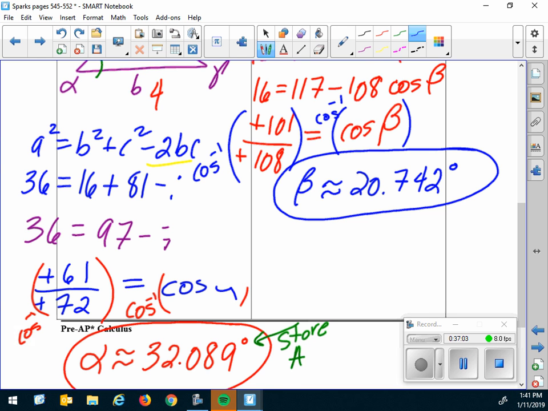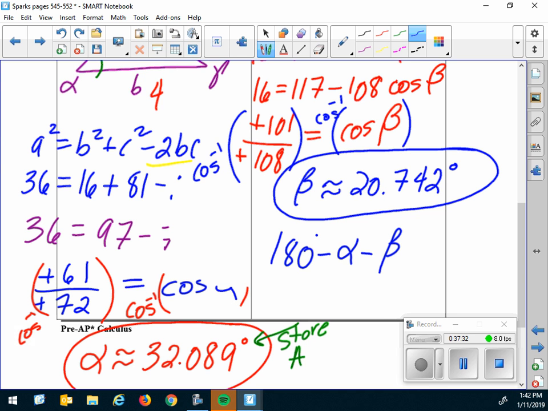Do you know how to use the answer key on this thing? Let me just show you. If I'm going to use this immediately, I don't have to store it. I'm trying to find angle gamma now, which is 180 degrees minus angle alpha minus angle beta.